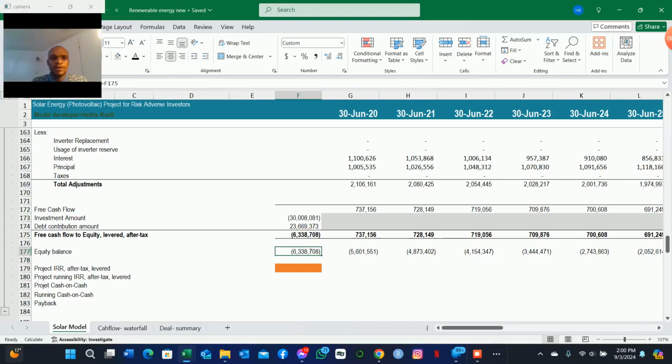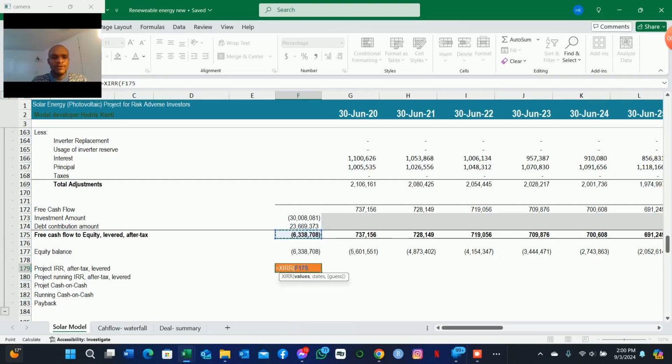So now, having completed the cumulative equity balance, we are ready to determine our project internal rate of returns after tax. In order to do this, we will just use the XIRR function in Excel.